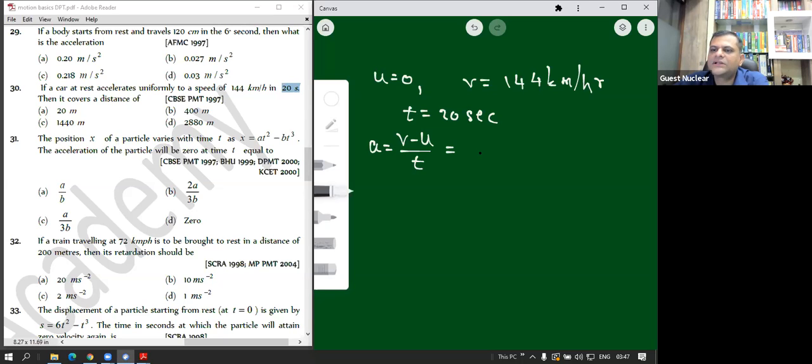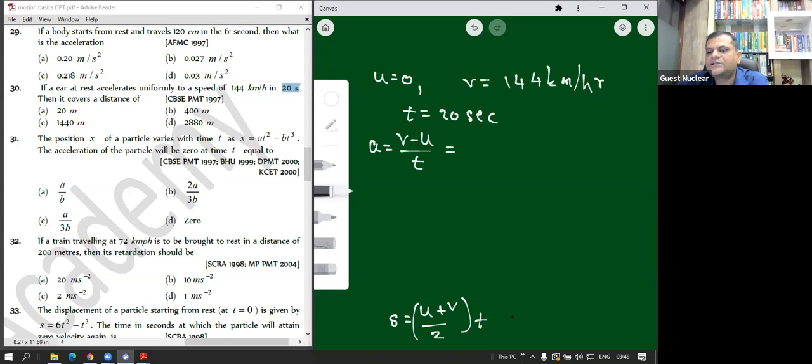And there is another technique to find out the distance directly without finding a. That is the fourth kinematical equation. If you remember, I have already given 3 kinematical equations, and उसके बाद नीचे एक supporting equation हमने बनाया था. That is s is equal to u plus v upon 2 into t.